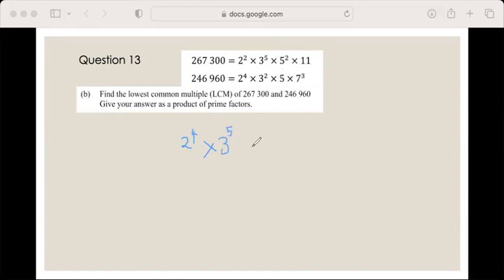Highest of 5 is 5 to the power of 2. And highest of 7 is 7 to the power of 3. Here no 7, here 7 to the power of 3. Here no 11, but there 11 to the power of 1. So this is the answer. This is the lowest common multiple given as a product of the prime factors. Right.